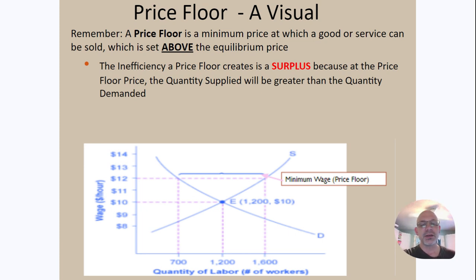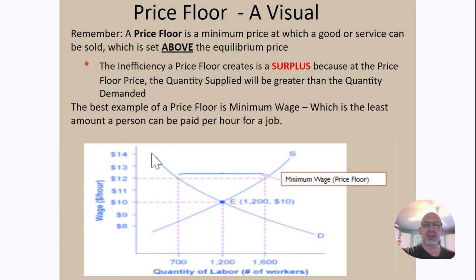So the price is above equilibrium, which is a surplus. Quantity supplied would be greater than quantity demanded. In this market, which is the market for labor, the suppliers are the workers supplying their labor, and the demanders are the businesses who will hire workers.